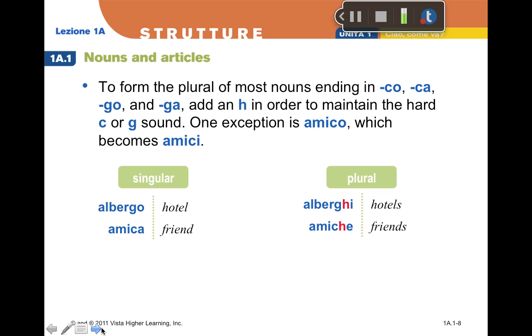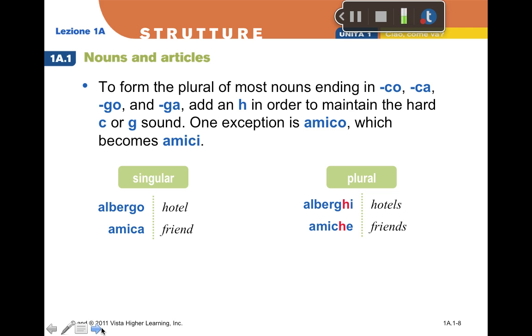There is a little issue that we need to discuss regarding certain nouns ending in co, ca, go, ga. These nouns, in order to maintain the guttural, the hard sound of the pronunciation, add an H in the plural.